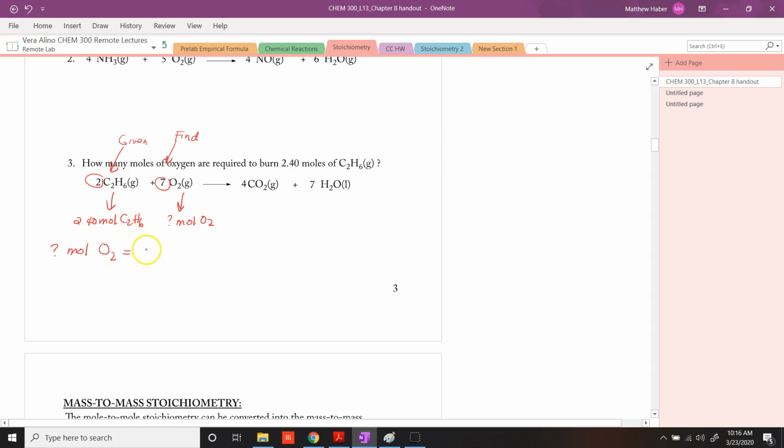How many moles of oxygen is needed in order to burn 2.4 moles of the fuel? And then using the molar ratio or the stoichiometric coefficients, for every 2 moles of the fuel, you're going to need 7 moles of the oxygen to burn it. This gives you a number of 8.40 moles of oxygen.